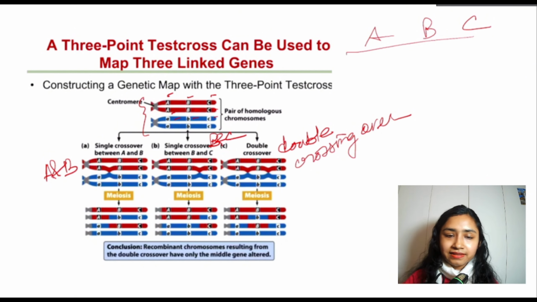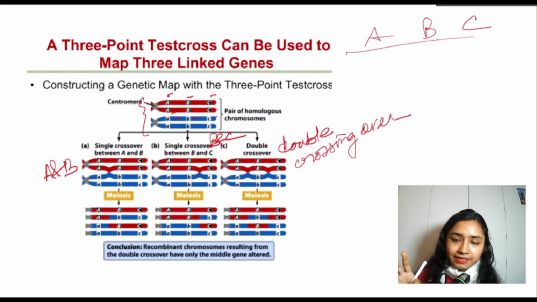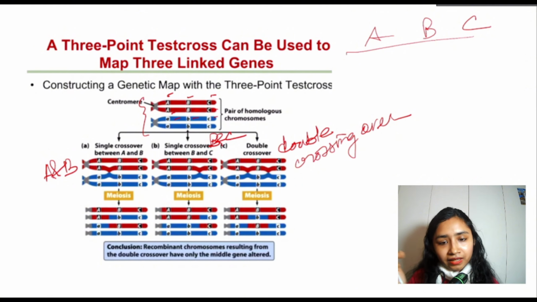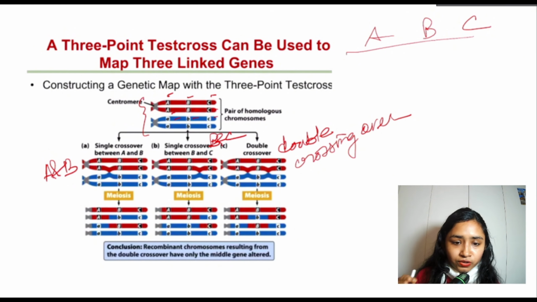So by this slide what you could take away is that when there are three genes, there is a possibility of a double crossover event as well. But double crossover event is not always evident. It's a rare case. Whenever there is a single crossover, it suppresses the chance of another crossing over event, which is also known as interference. I will come to this later.